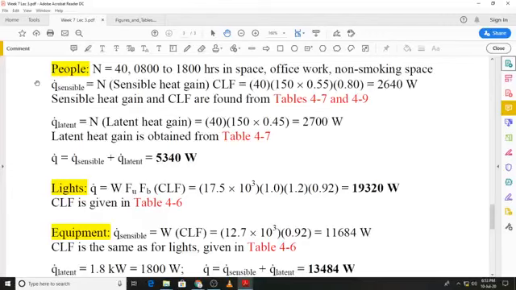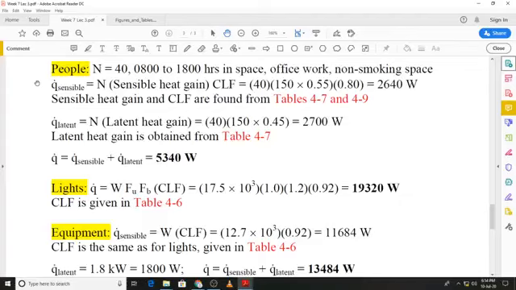When we talk about the load due to occupancy, it will have two components, sensible load and latent load as well. What we will need is the heat gain per person according to the activity of the person in the conditioned space, and then of course we must also know how many people are inside the conditioned space.